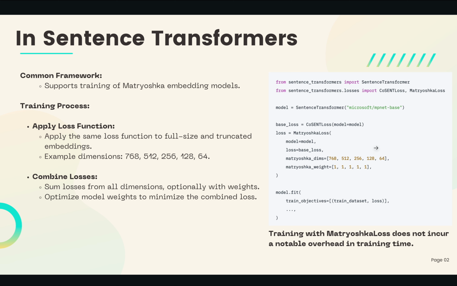So we apply the same loss function to the full-size and the truncated embeddings, and we sum the losses for all dimensions, optionally with weights.